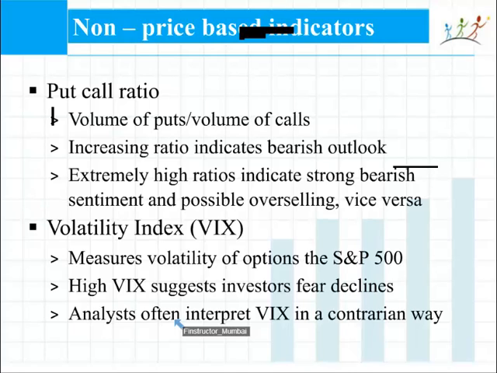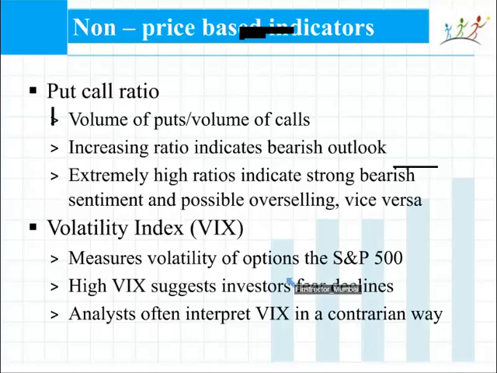So often analysts interpret the volatility index in a contrarian way. That is, if the volatility is high, that means investors are fearful, so the technical analyst will buy into it. He thinks that people are unreasonably fearful and the stock will react positively in the future.